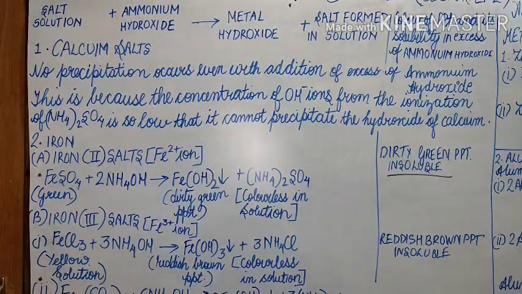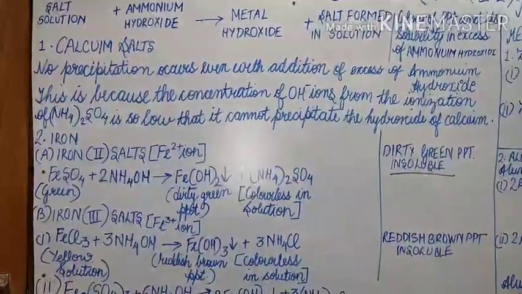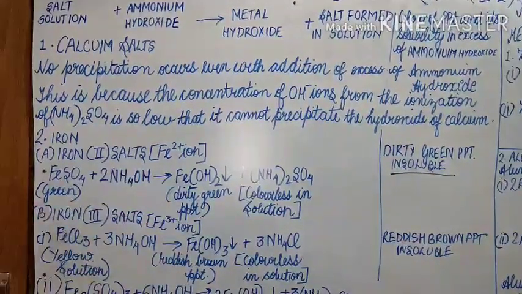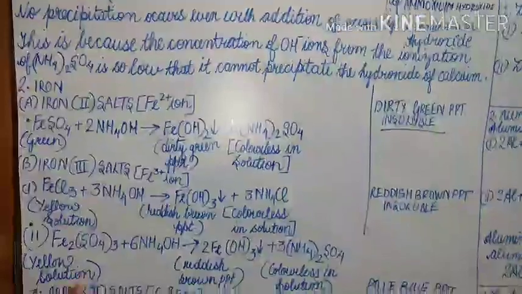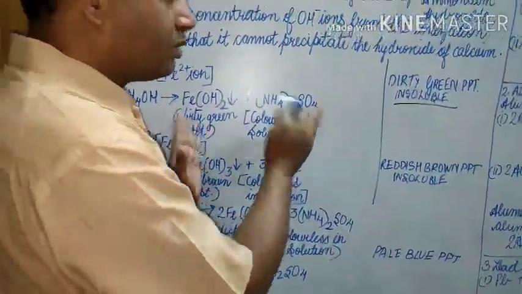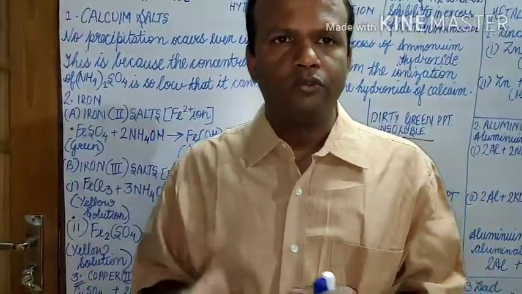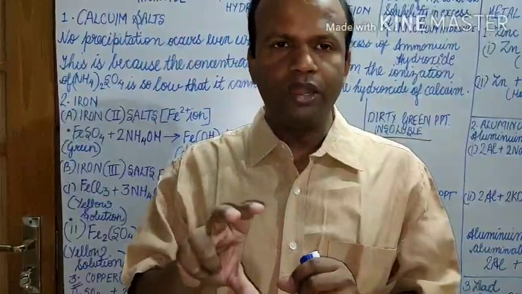Now what you can see, what we are doing here with Fe3+, we get a precipitate, or we can do it with anyone, we get a precipitate, and along with it we get a solution also. So in the beaker or in the flask we are getting both things, the precipitate and the solution.